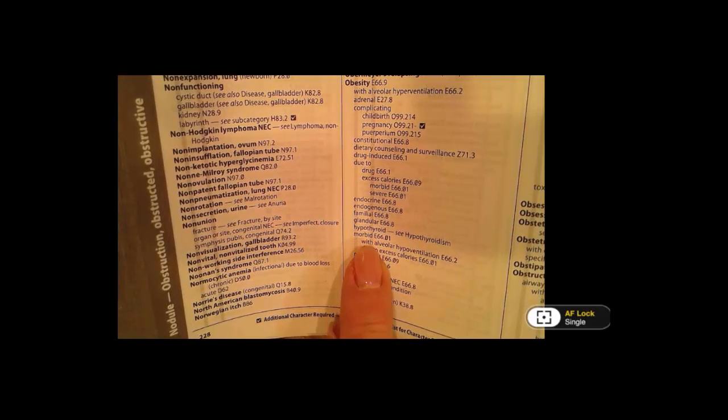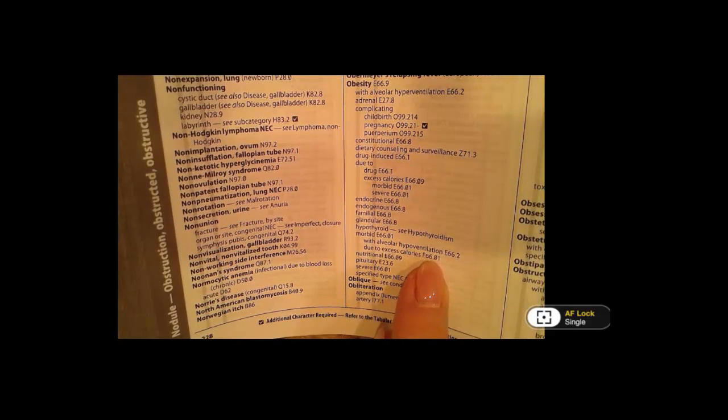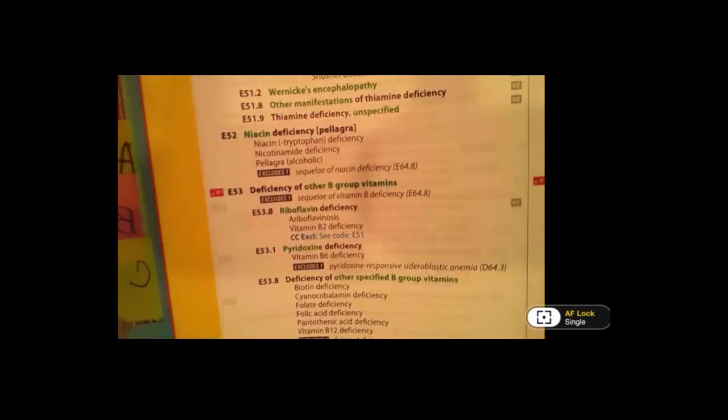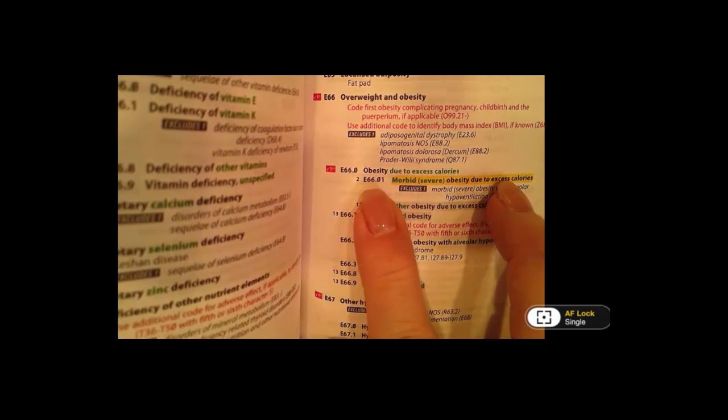And also the doctor did mention it was due to excess calories, which again is the same code, E66.01. So then we go to our tabular, look up E66.01, and we see E66.01, morbid or severe obesity due to excess calories. So that is the correct code for the obesity.